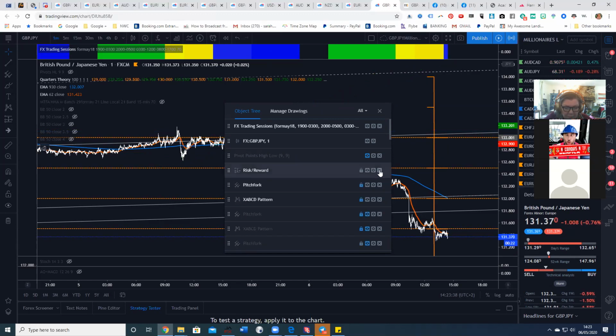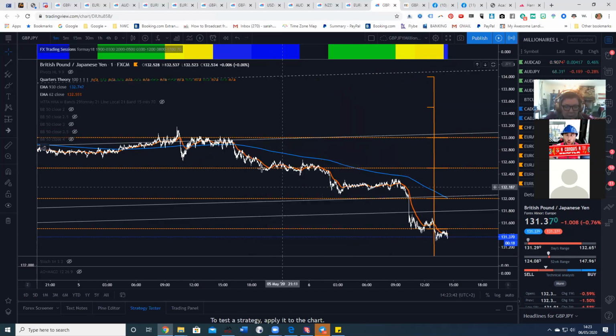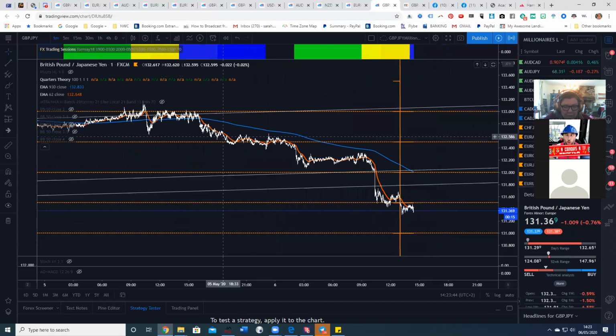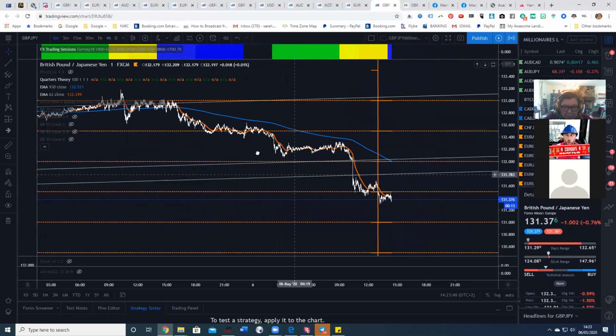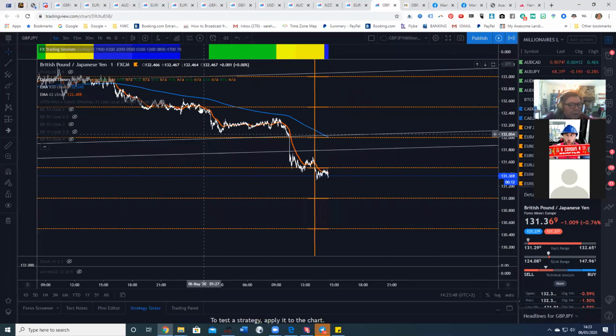Just tidy this up while we're here. And it's glitching down on this quarter theory. So that was the trade idea yesterday. At the moment, I've got nothing sitting outside the pitchforks.